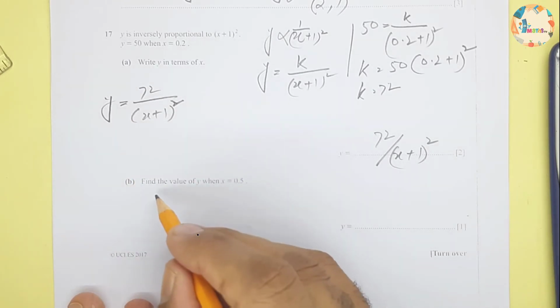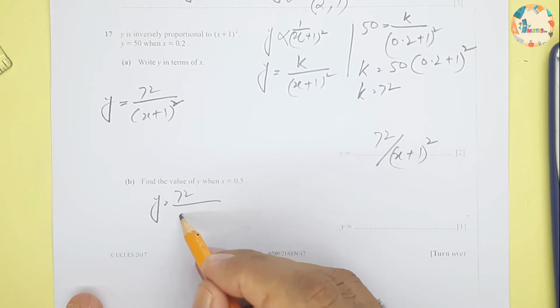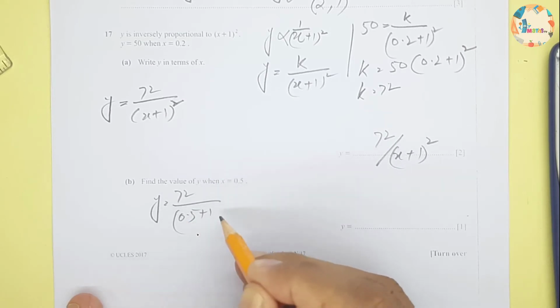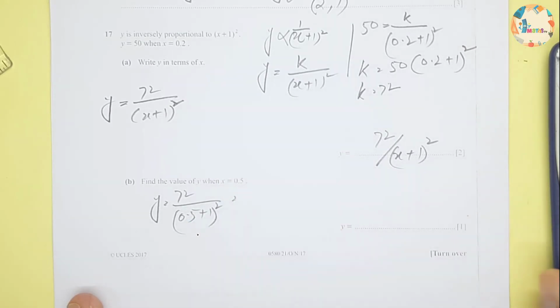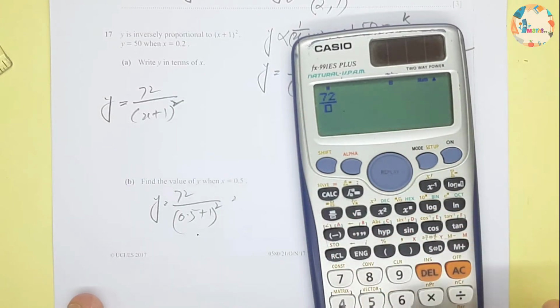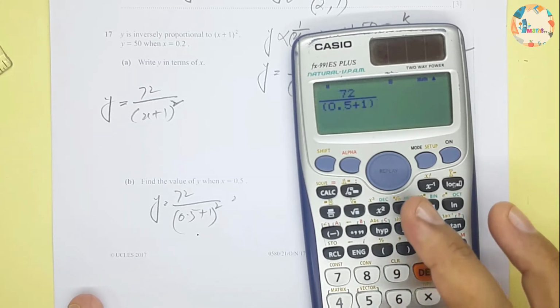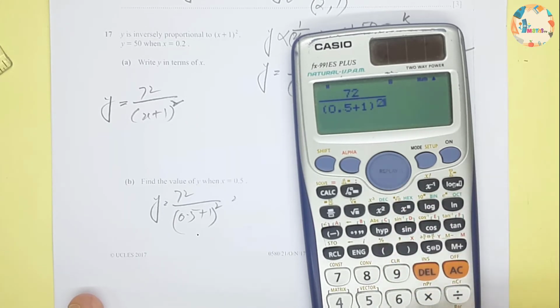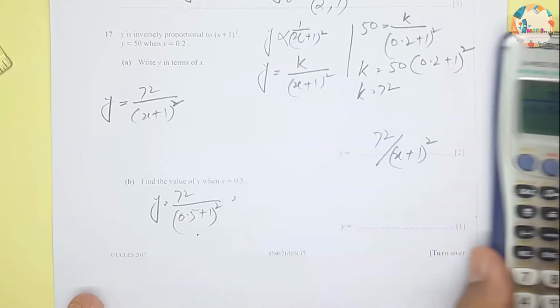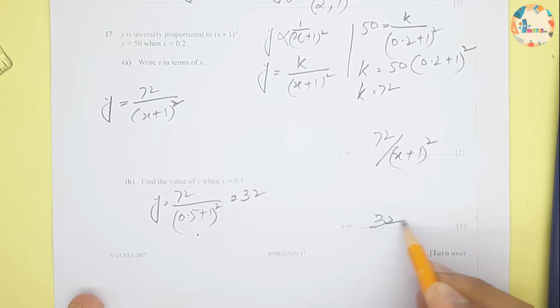So we will use y is equal to 72 over (0.5 plus 1) whole squared, which is 72 divided by (0.5 plus 1) raised to the power 2, and this will be equal to 32. So our answer is 32.